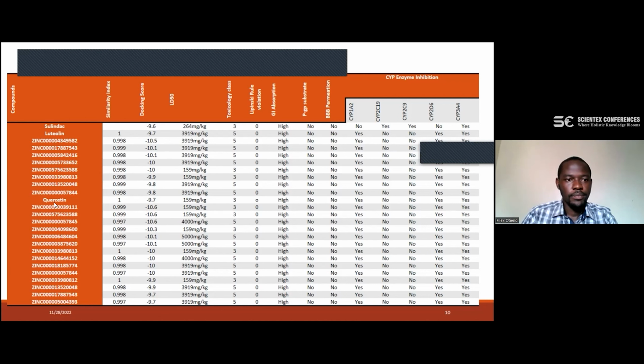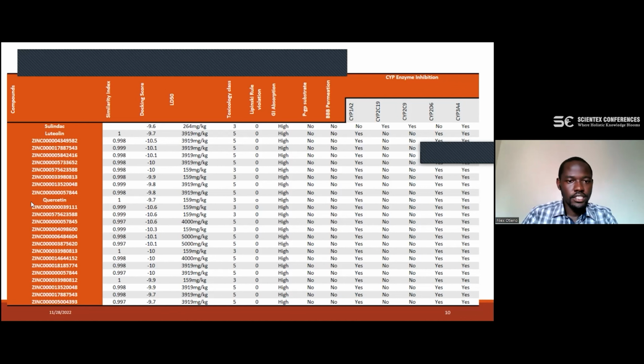Upon analysis, for luteolin, we had 20 chemical analogues we chose to analyze, similar for quercetin. But here for luteolin, we have 6 ZINC compounds which have a binding strength, or a docking score, more negative than the parent phytochemical and the comparator. The highest for luteolin was at negative 10.5 with a very large LD50.